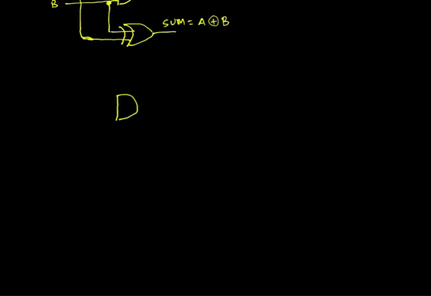The carry part is easy because it contains only an AND gate, but we need an exclusive OR gate, and we know that A exclusive OR B can be written as A B complement plus A complement B.